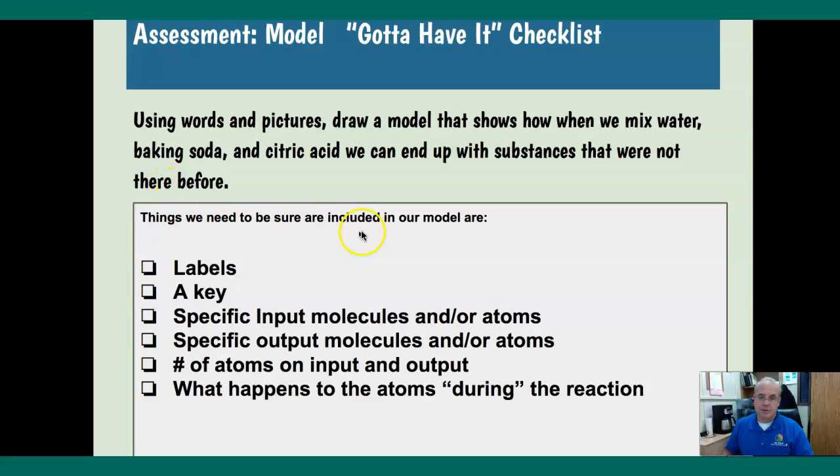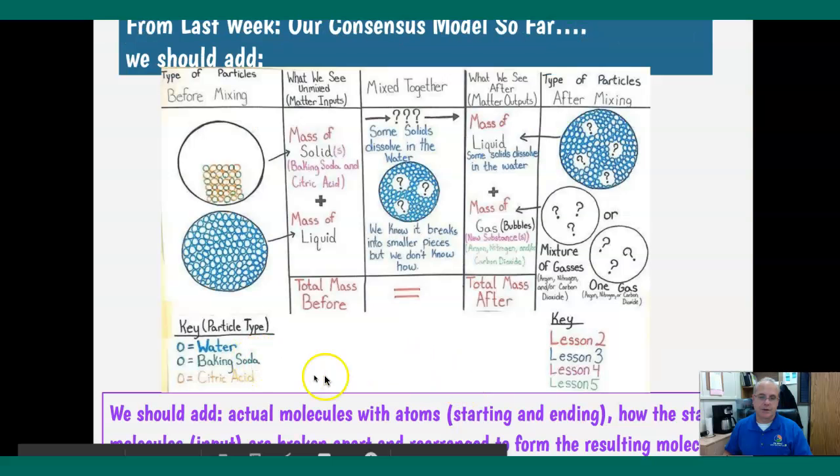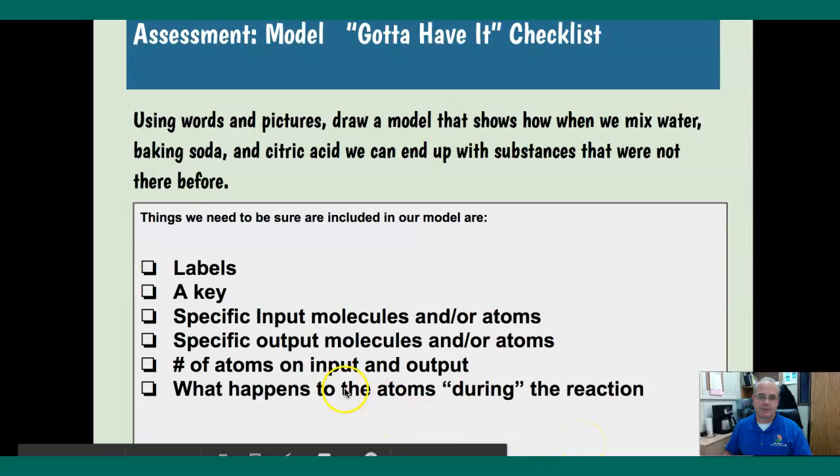So things we need to be sure are included in our model are labels. That was very common. A key that tells us what's going on. We needed specific input molecules or atoms, or the atoms that make them up. And specifically, what output molecules were we getting? Like it said here, you thought we needed to deal with the number and type of atoms on the input and output side.